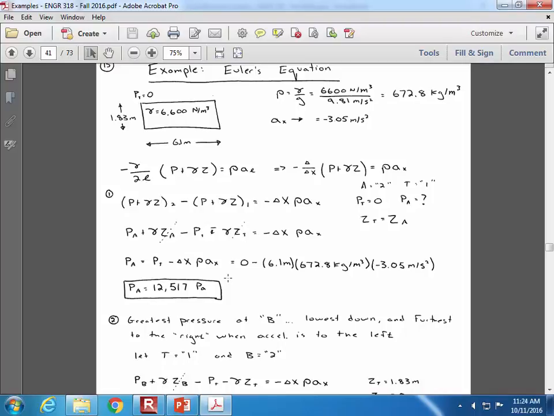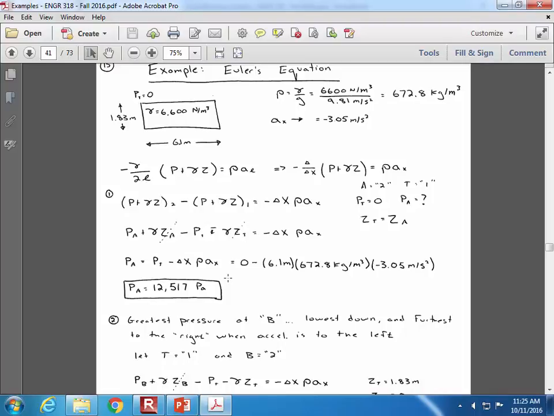Now let's look at that. The pressure at B is because of two things. It's partly because of the elevation difference between the 2 points, and then it's partly because of how the truck is moving side to side. So this first part, 6,600 newtons per meter cubed times 1.83 meters, is just the hydrostatic equation.